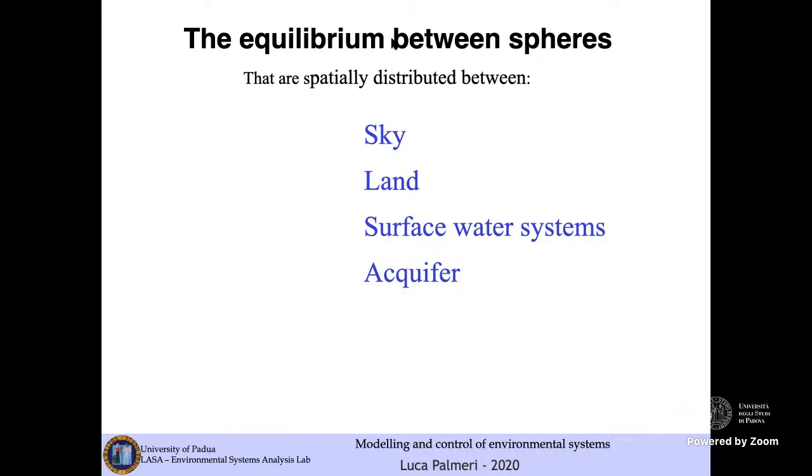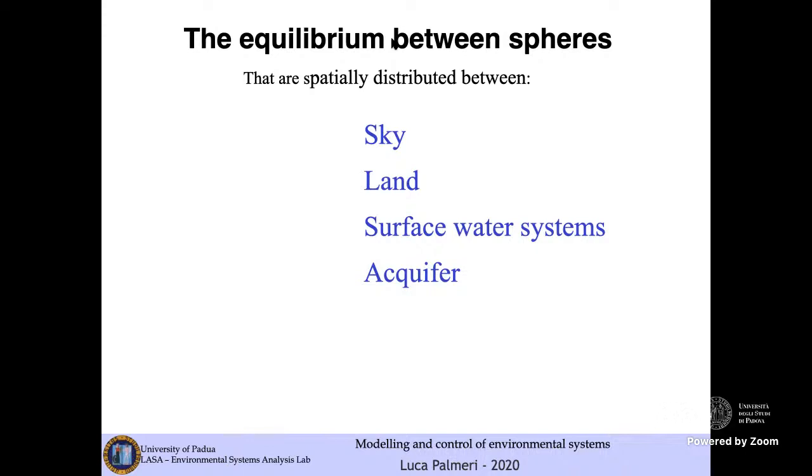Different spheres, meaning that we subdivide in terms of space, time, and processes the various interactions that are happening between the different ecospheres we may employ to subdivide the ecosystem that is populating the surface of our planet.